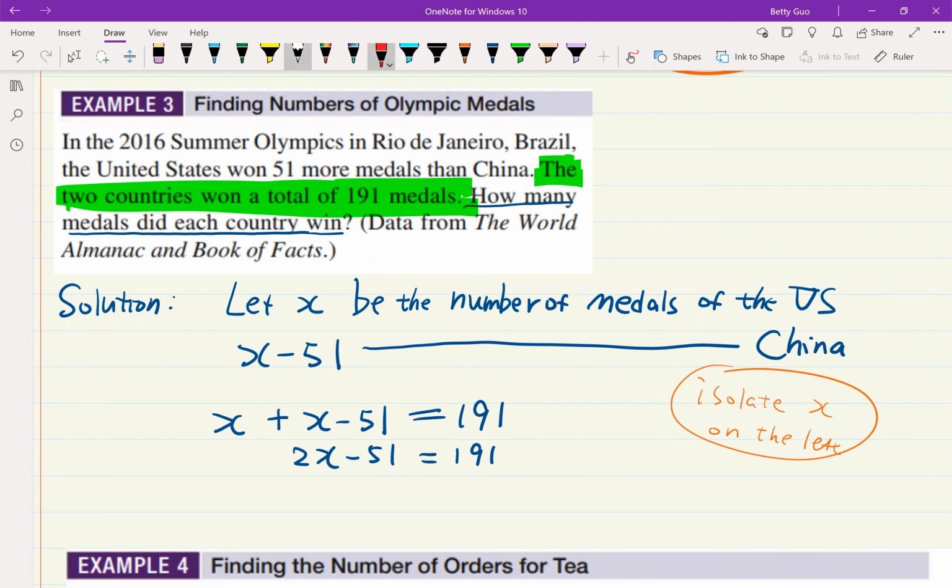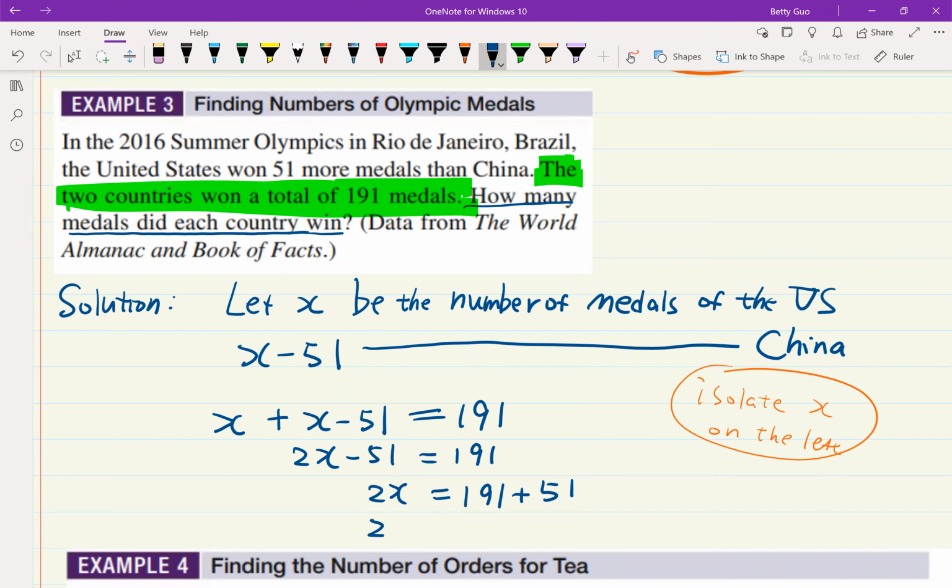We can add 51 to both sides, or we can move negative 51 to the right-hand side. We move it and then we change the sign. So we have 2X on the left, 191 on the right. The only term that has changed is negative 51. Now it's going to be positive 51 on the right-hand side. Does that make sense, everyone?